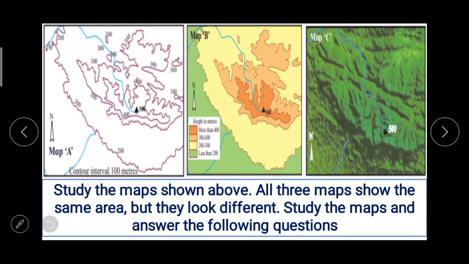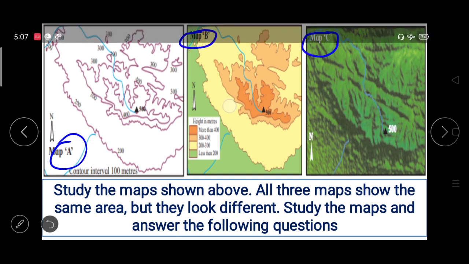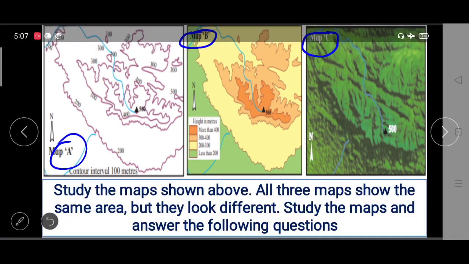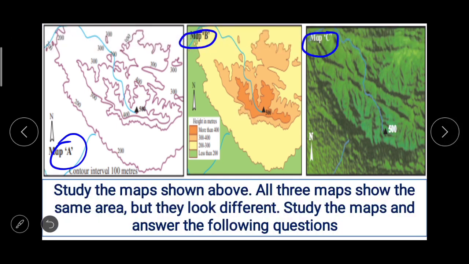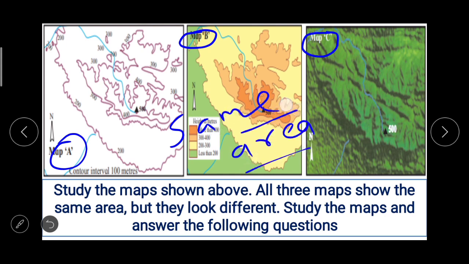So here on the screen, as you can see, this is map A, this one is map B, and this one is map C. You people study these maps. All three maps show the same area, but they look different. एक ही जगह के मैप हैं ये, लेकिन दिखने में अलग अलग दिख रहे हैं. Now study the maps and answer the questions.